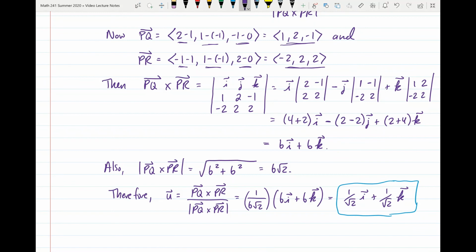So we have I times the 2 by 2 matrix 2 minus 1, 2, 2. You can see where that comes from here. Then we have minus J, remember the minus J times the 2 by 2 matrix 1 minus 1, negative 2, 2. Again, you can see where that comes from.